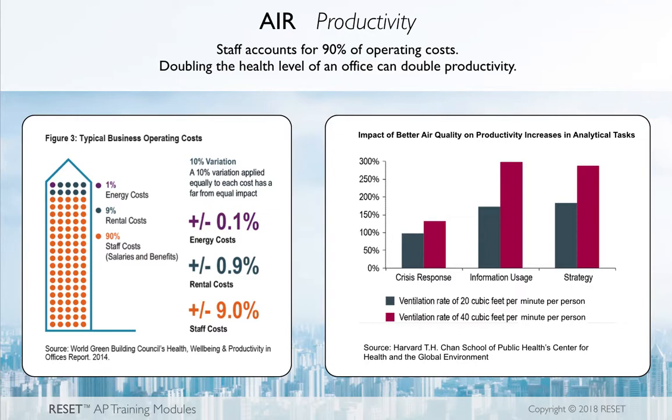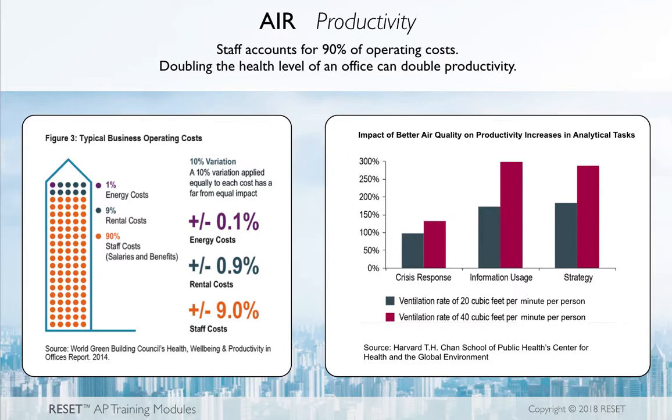And what it's showing here is that the cost of staff is a significant part of what it takes to operate a building. You'll see it's 1% for your energy costs, 9% rental, and 90% is attributed to your staff costs, that's salaries and benefits.